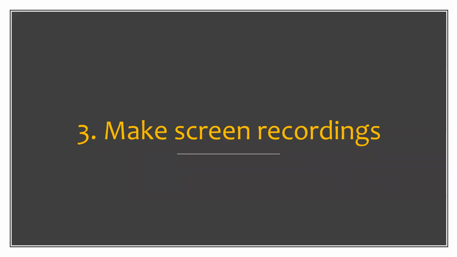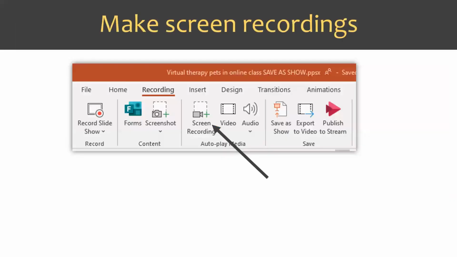So screenshots are one thing. We can also do screen recordings, which are really exciting because screen recordings allow us to show students how we do things. So to do the screen recordings, we're going to click on the screen recording button.